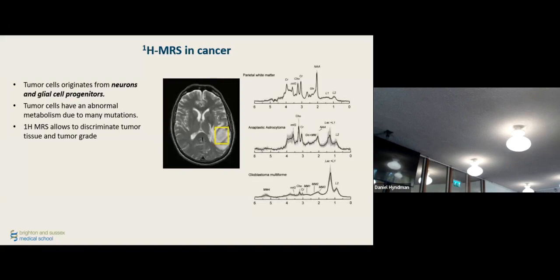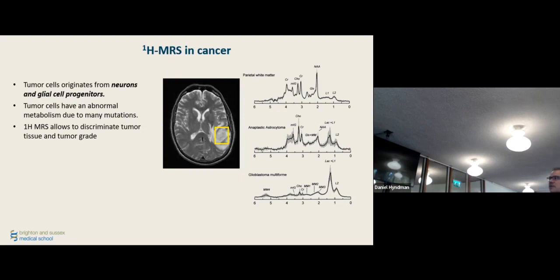But in general, you can see that if we're looking at standard parietal white matter versus an anaplastic astrocytoma versus the more severe case of glioblastoma multiforme, there are qualitative differences that you can readily identify on the spectrum.